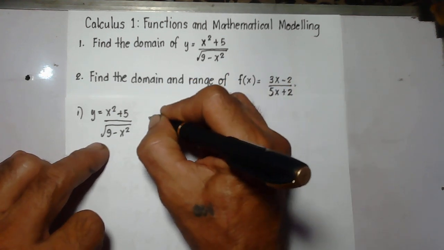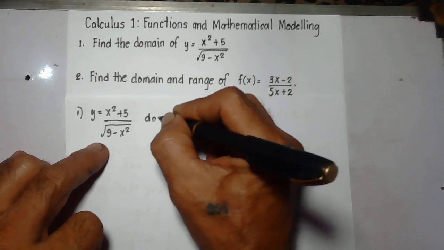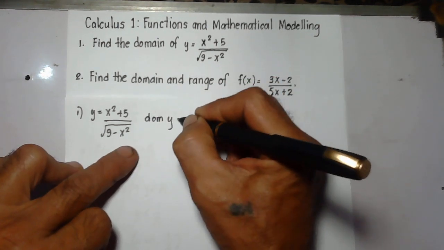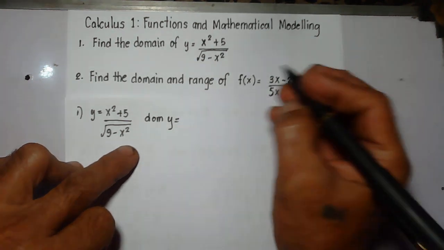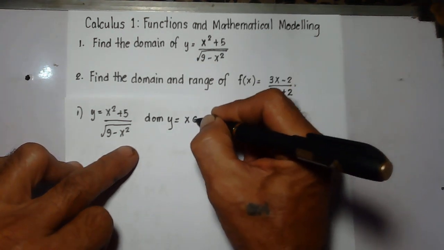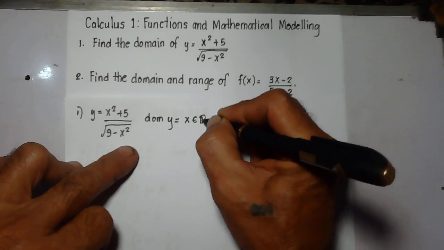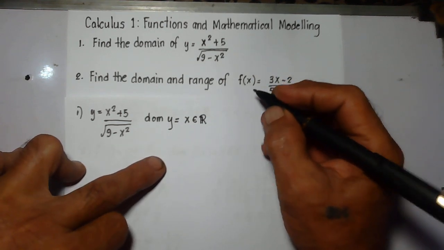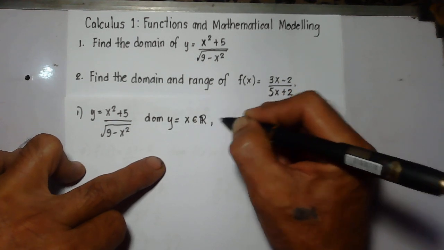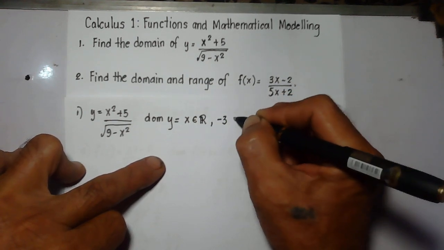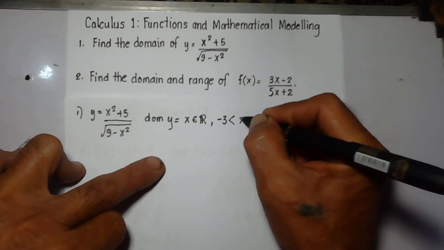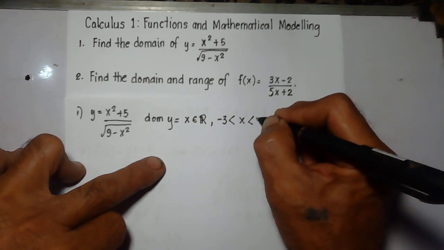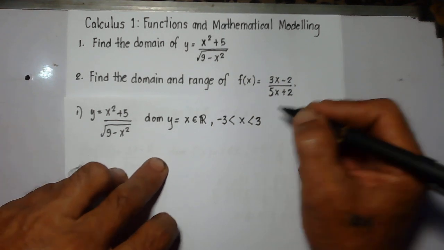And so for the domain of y, we write domain of y is equal to x element of all positive and negative real numbers with the restriction that x should be greater than negative 3 and it should also be less than a positive 3.